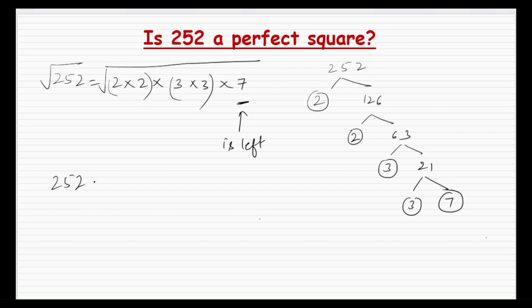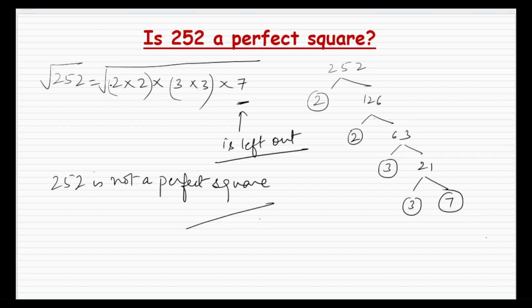So 252 is not a perfect square. Why? Because that 7 prime factor is left out. I cannot make the pair of 7. That's why 252 is not a perfect square. All the prime factors should be paired with another prime factor. This one is left. I cannot do anything for that. So 252 is not a perfect square.